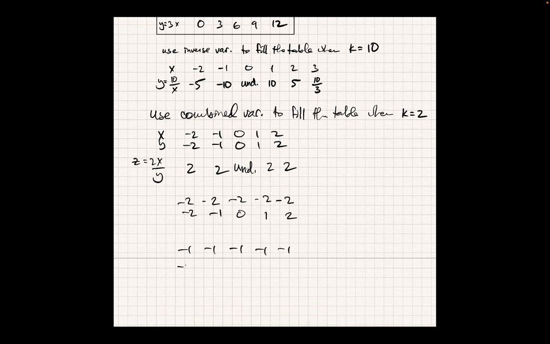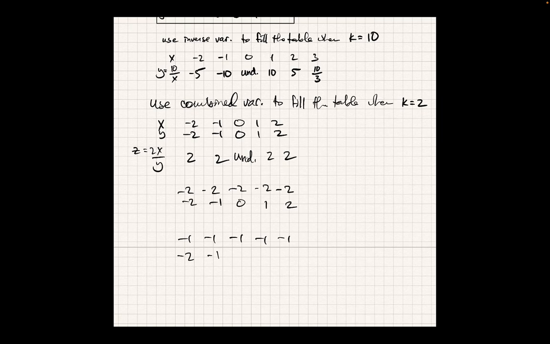Wait, wouldn't 2 be 4? Like the last number, when you plug in 2 for x? It's 2 times 2 divided by 2. So unless it's undefined, these were just 2 all the way across. And then there's zeros all the way across.